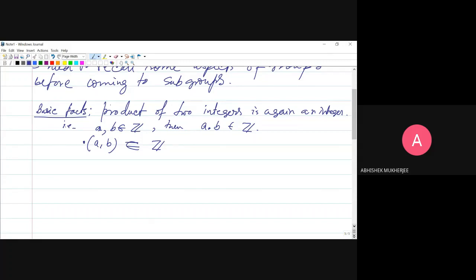So what would be the definition? This can be formulated as follows.